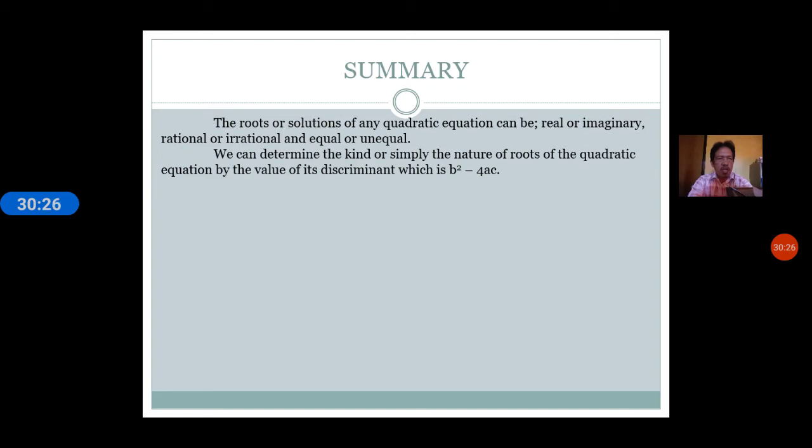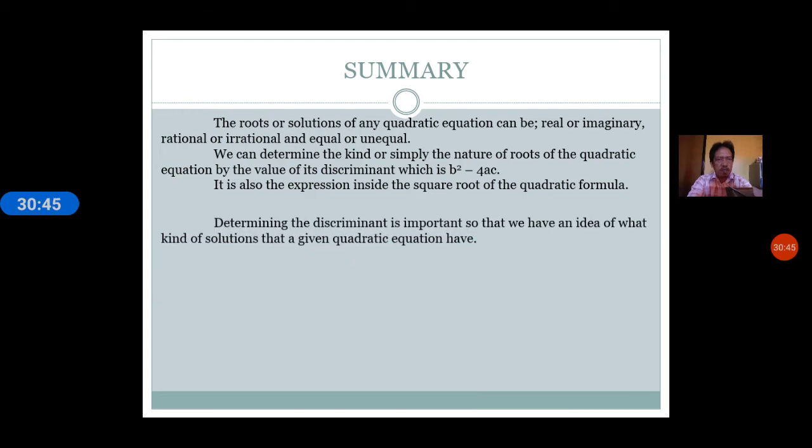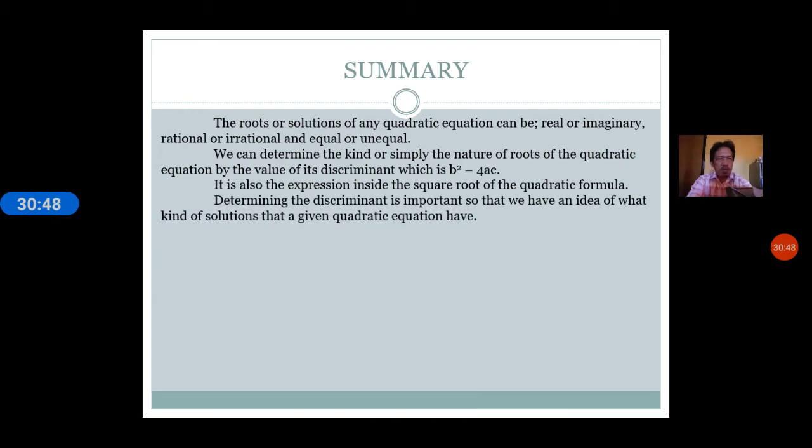So we can determine the kind, or simply the nature, of roots of a quadratic equation by the value of the discriminant, which is also equal to b squared minus 4ac. It is also the expression inside the square root of the quadratic formula. Determining the discriminant is important so that we have an idea of what kind of solution a given quadratic equation has.